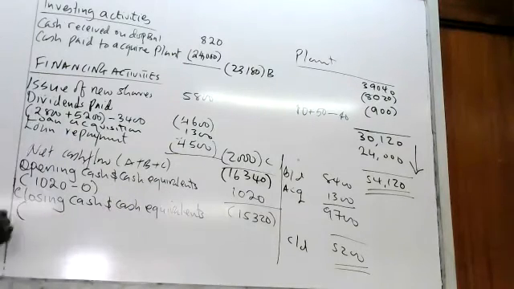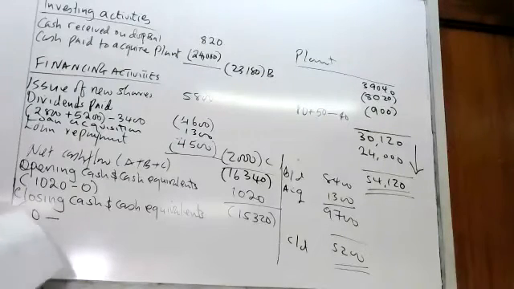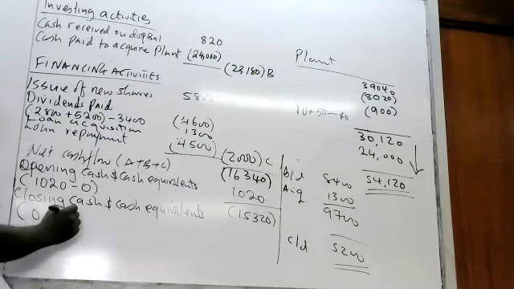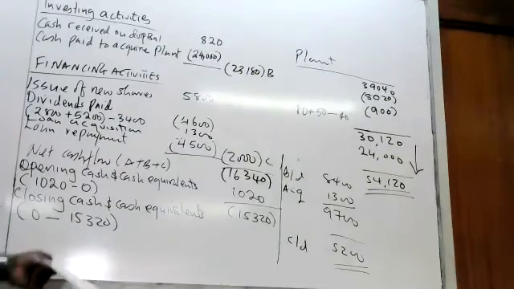All right, closing cash is how much? 0. Are you seeing? So cash at the end is 0 minus overdraft at the end, 15. 0 minus that is. So it has balance. Finally.